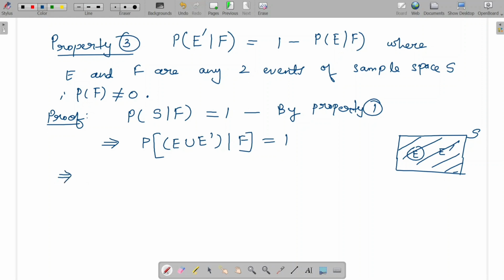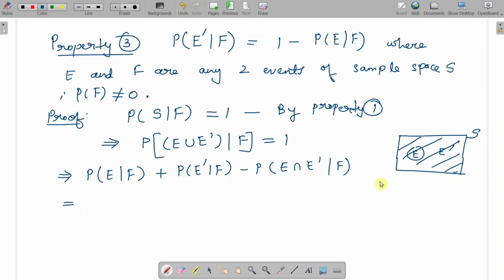So therefore we get this, and now we can use the property number 2. So property number 2 says what? Probability of E such that F has already occurred plus probability of E complement such that F has already occurred minus probability of E intersection E complement such that F has occurred, right?